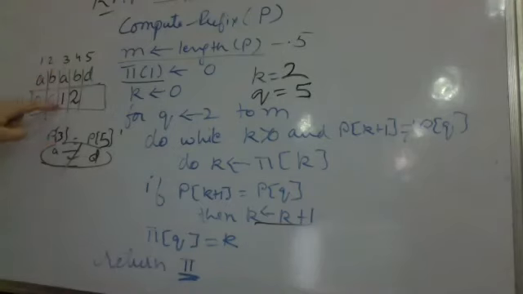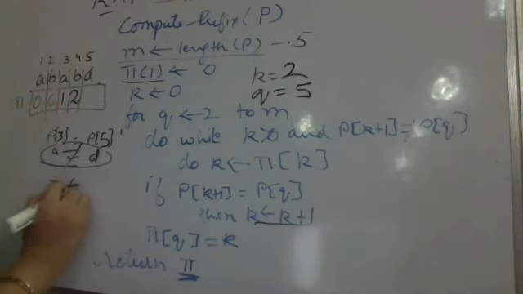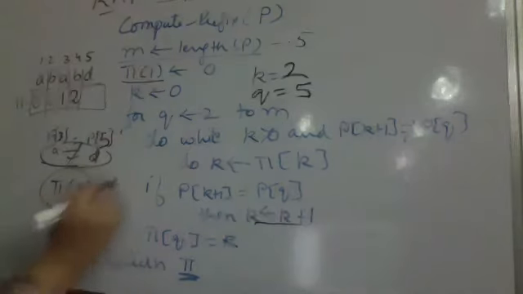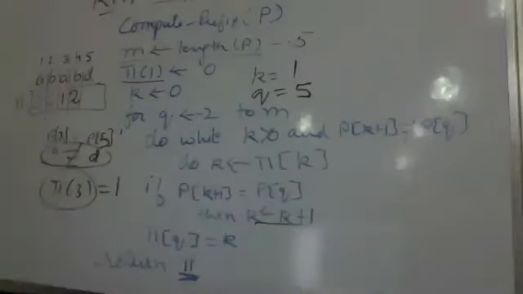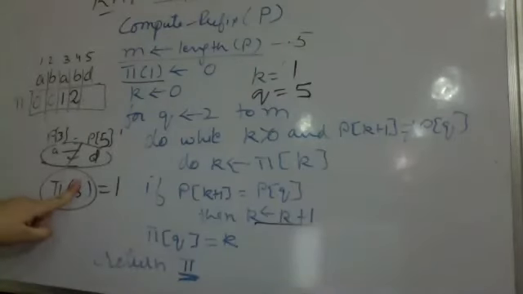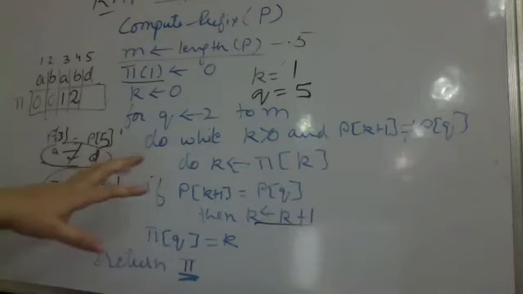Pattern 3 की pi 3 की value क्या है हमारे पास? This value is 1. So K reduces from 3 to 1.